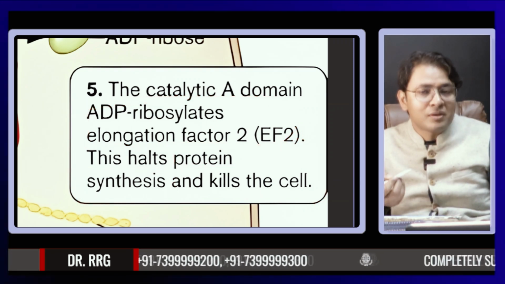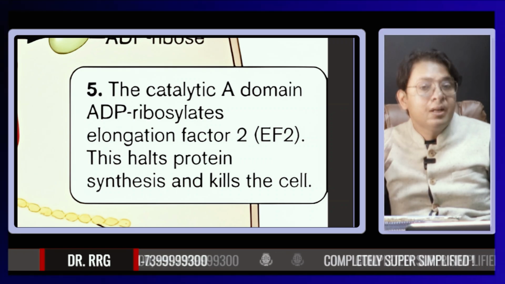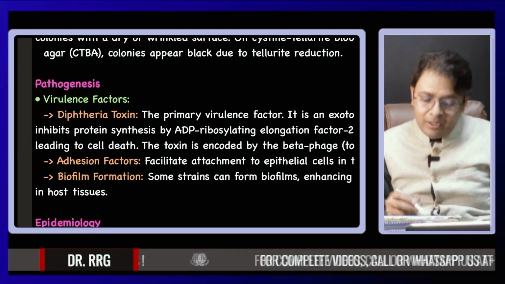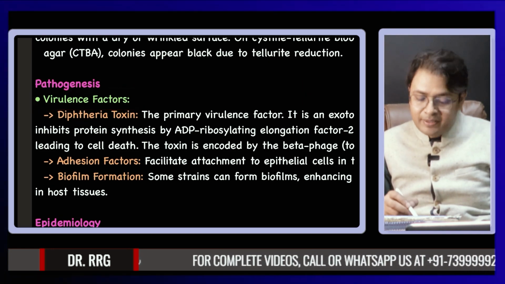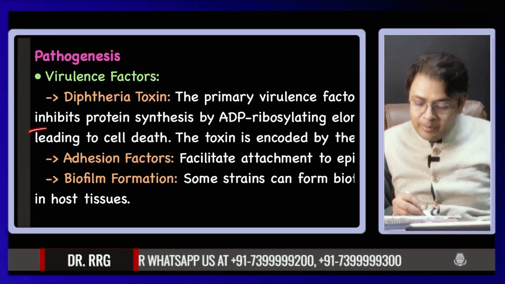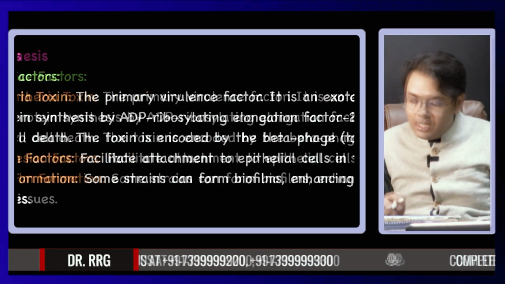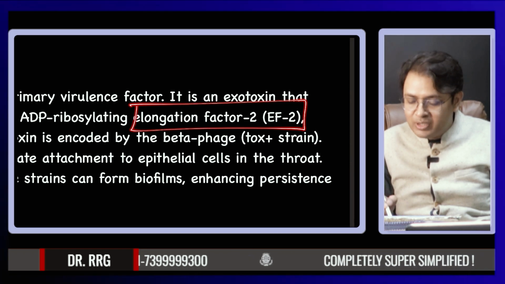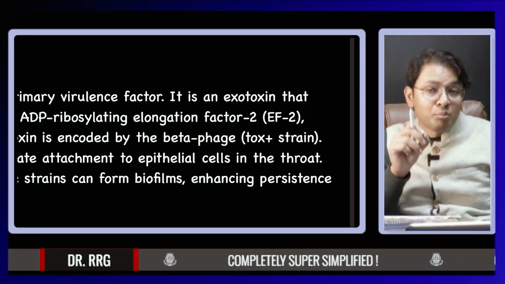It means the toxin can kill our cells. Therefore, we can conclude that the virulence factor of the bacteria is diphtheria toxin. It is the primary virulence factor that inhibits protein synthesis by ADP ribosylation of elongation factor 2. This is a very important statement.